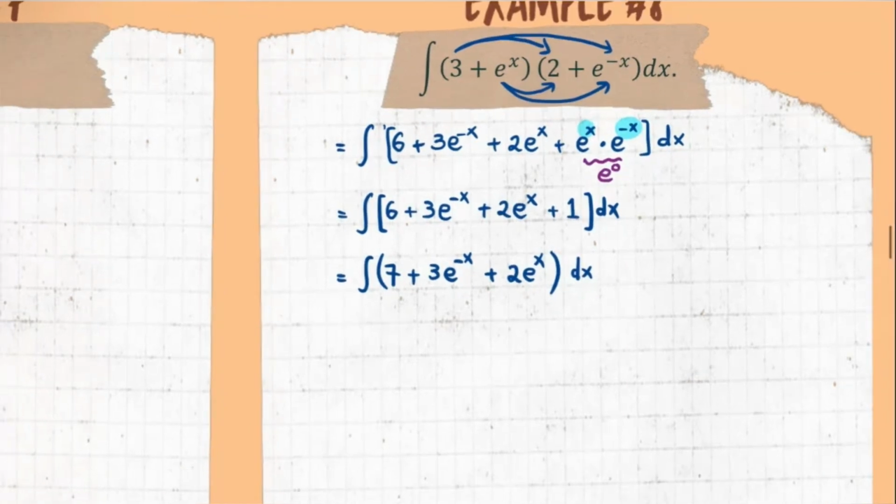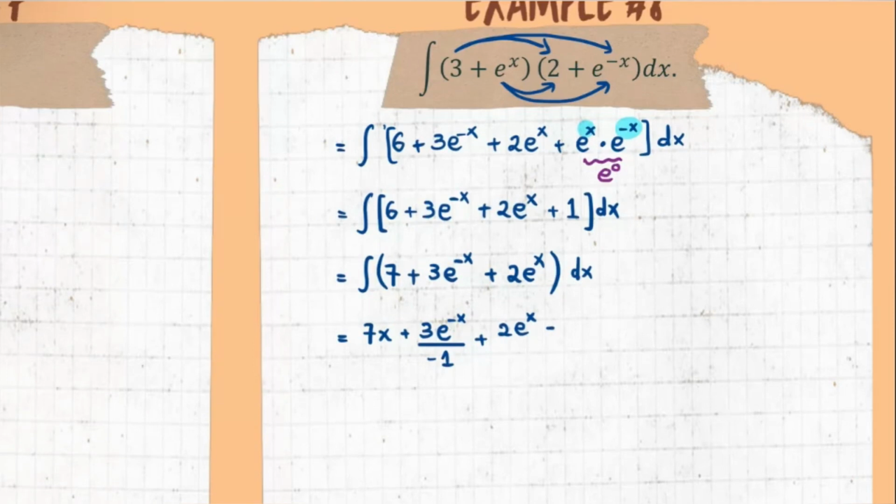Okay, so simbol integration akan hilang. So integrate constant. Integrate constant dapat 7x and then integrate 3e of negative x. So constant kat depan ni salin je. Untuk eksponen, first salin bahagi dengan differentiate negative x dapat negative 1, plus 2 integrate e of x dapat e of x juga.